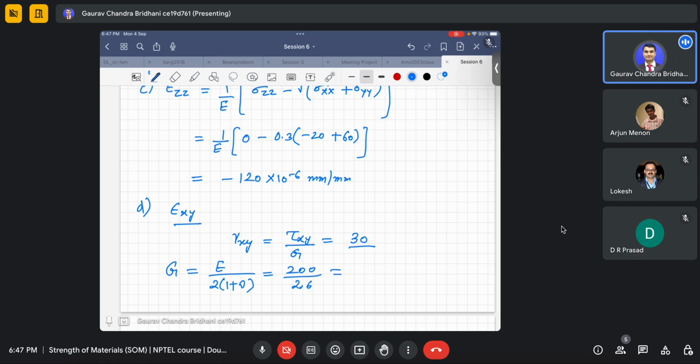Let me just calculate what this quantity comes out to. So it is 200 divided by 2.6, which is somewhat 76.92 GPa. We need to use that there.